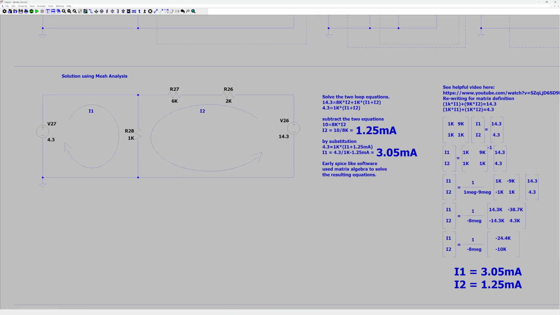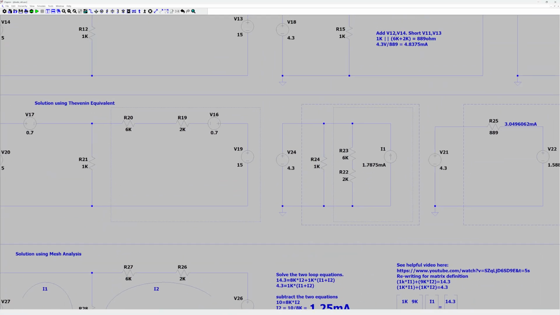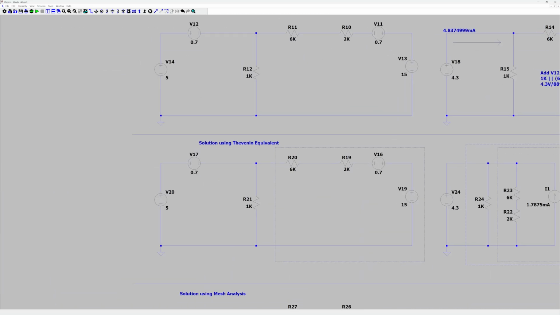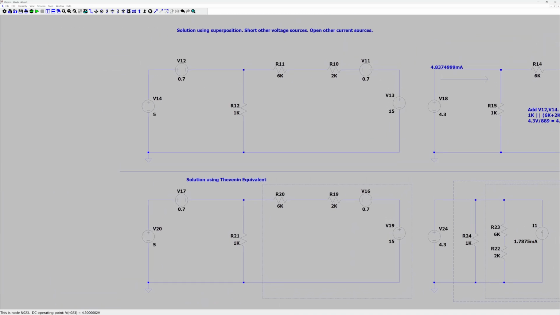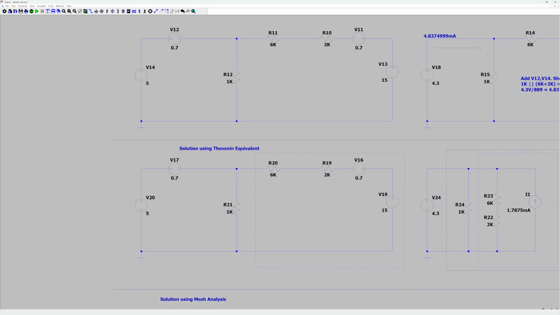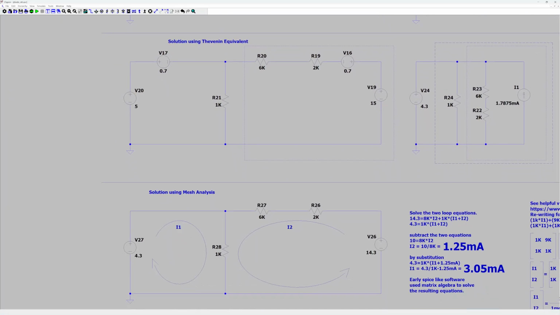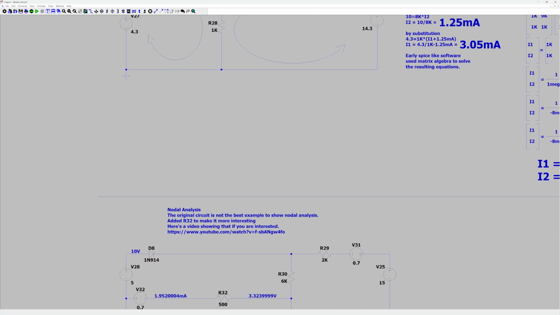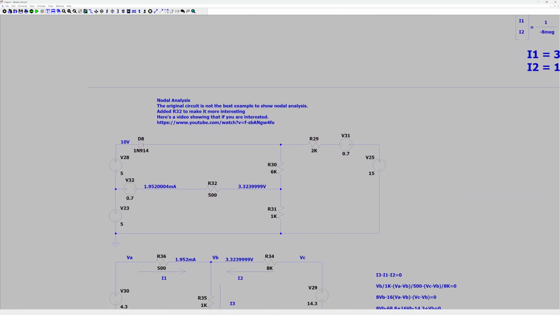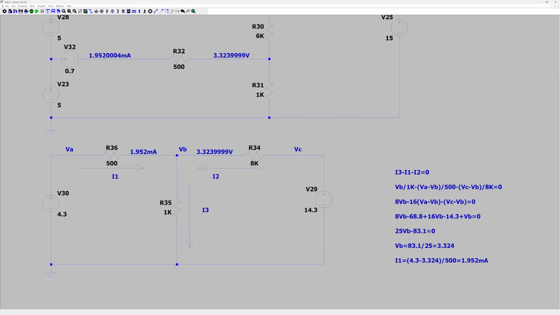Let me scroll back up, because you'll see you basically end up with no resistor on the left hand side here. The nodal analysis is not as interesting to look at, so we'll scroll back down.